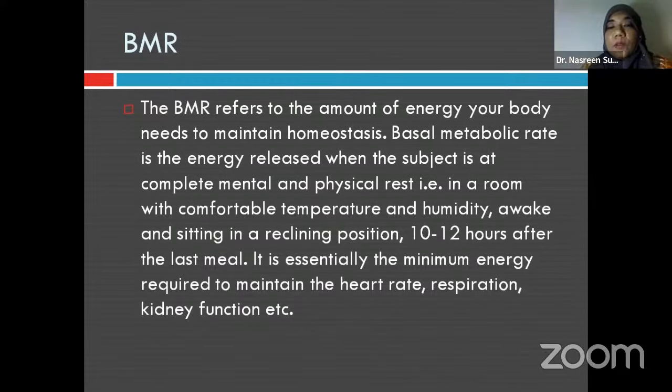Okay, so when a person is at rest in a room with normal temperature and normal humidity, and he is awake and sitting in a reclining position, 10 to 12 hours after the last meal, the energy given out by him at this stage will be called basal metabolic rate.